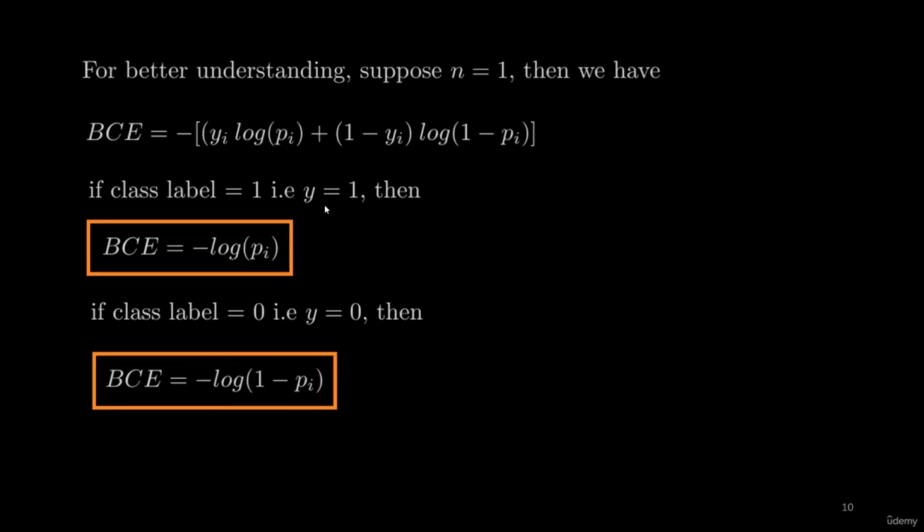So we have observed that in our binary cross entropy loss equation, we have two terms. The first term will be used when y is equal to 1, and the second term will be used to calculate the loss if y is equal to 0. So this is the form of the first term when y is equal to 1, and this is the form of the second term of this equation when y is equal to 0.